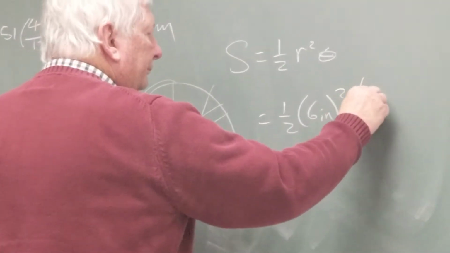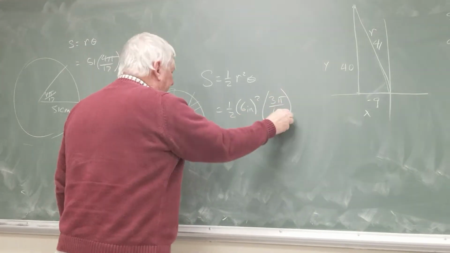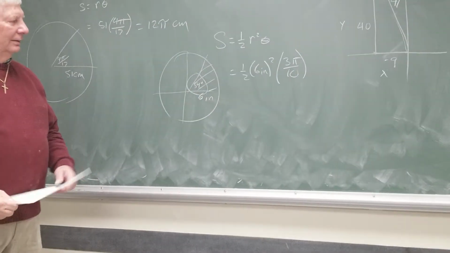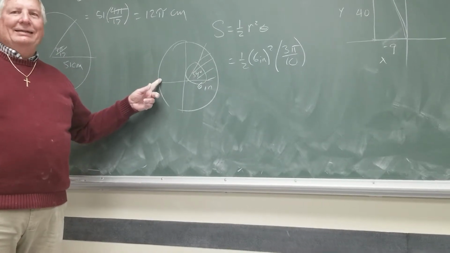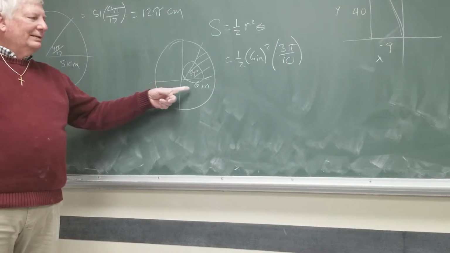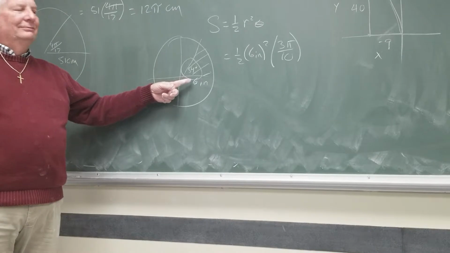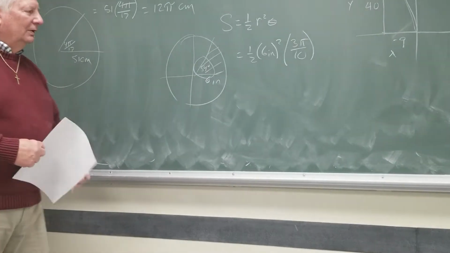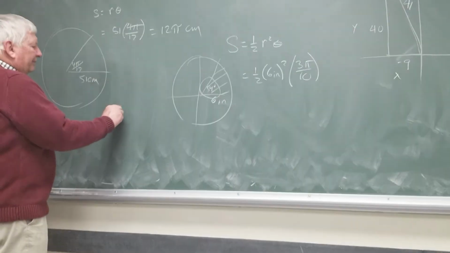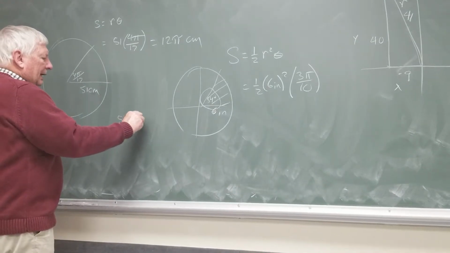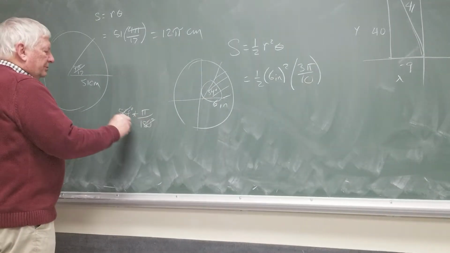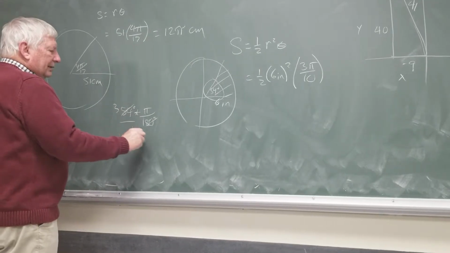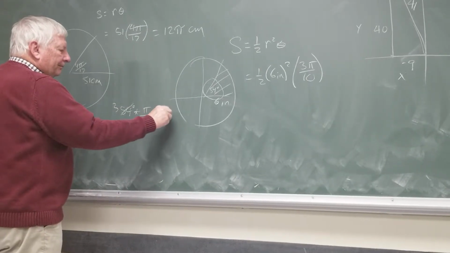How'd you figure 3 pi over 10? How would you do that arithmetic? 18 goes 180 10 times, so 18 degrees is pi over 10. That's 3 pi over 10. All right, so we'll work it out. 54 degrees times pi over 180 degrees. This reduces to 3 over 10 times pi.